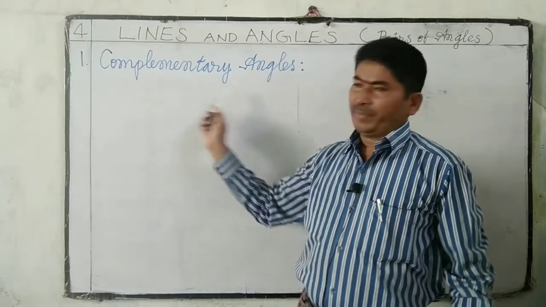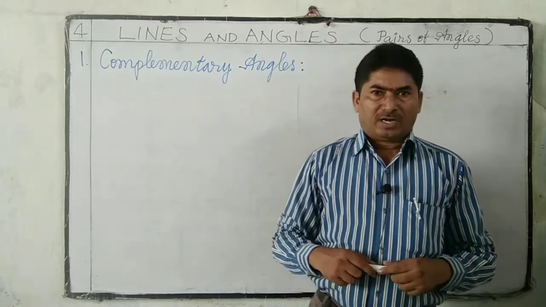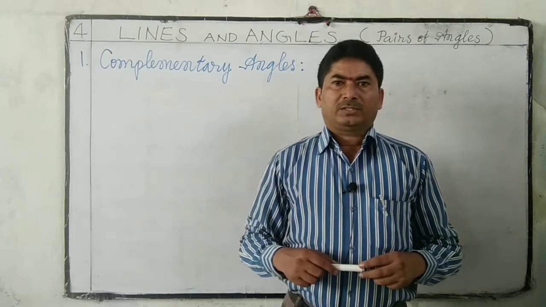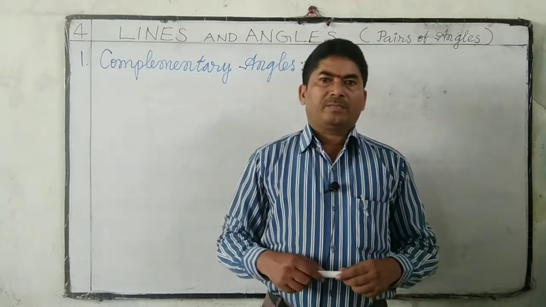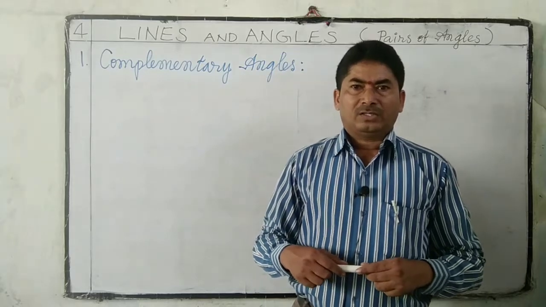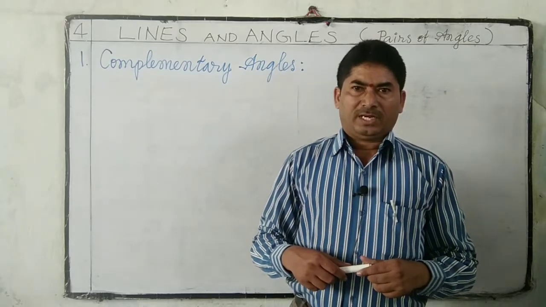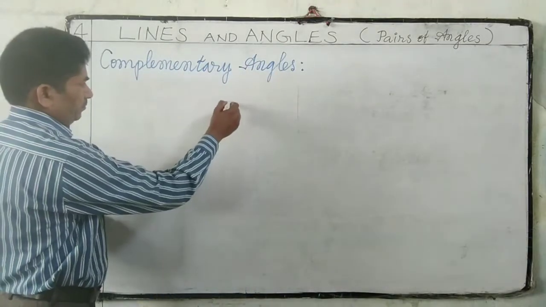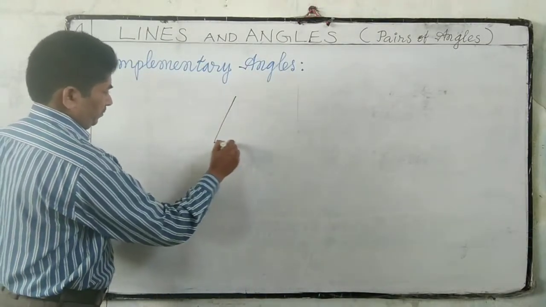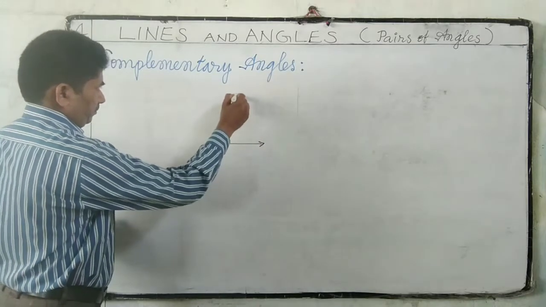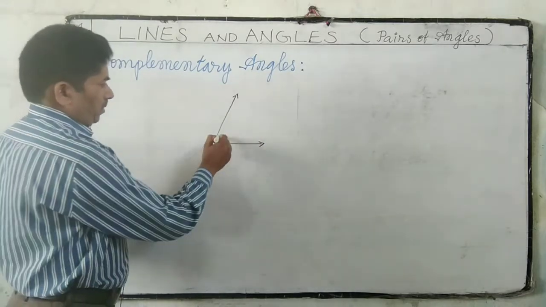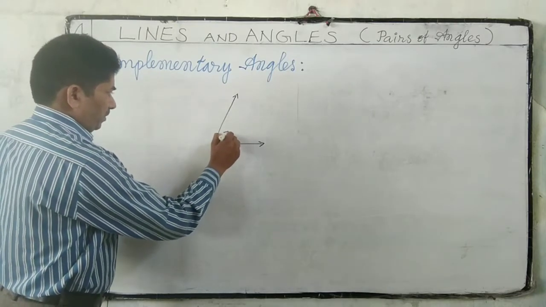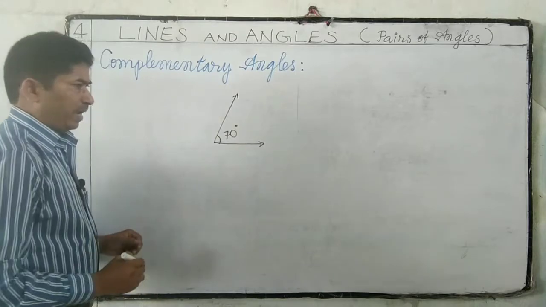First, complementary angles. What are complementary angles? If the sum of two angles is equal to 90 degrees, then the angles are called complementary angles. Let us observe in a figure. This is a 70 degree angle.